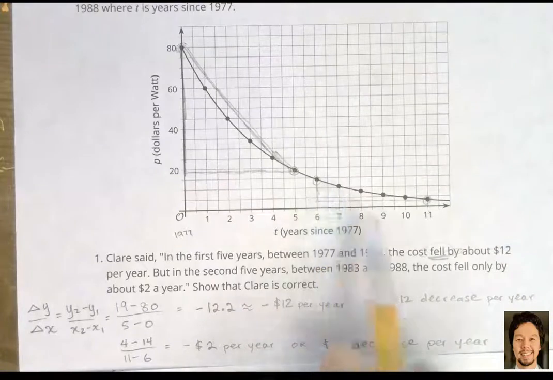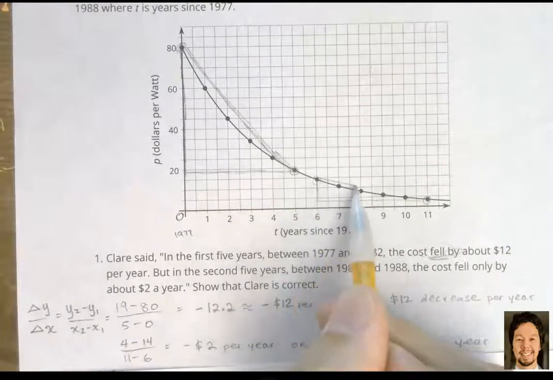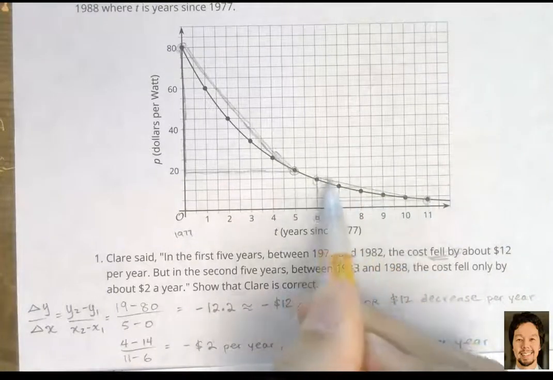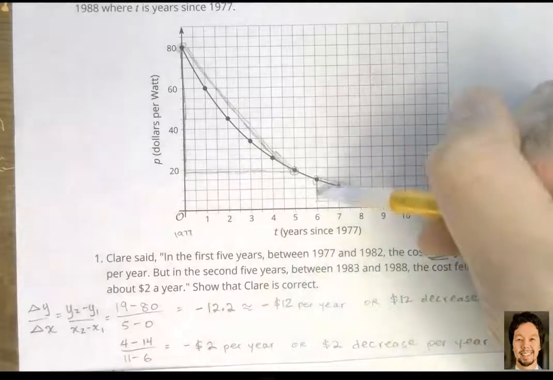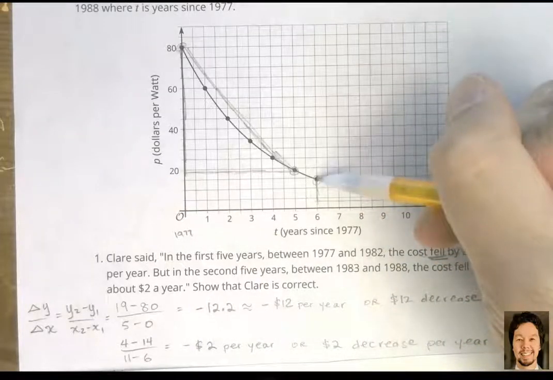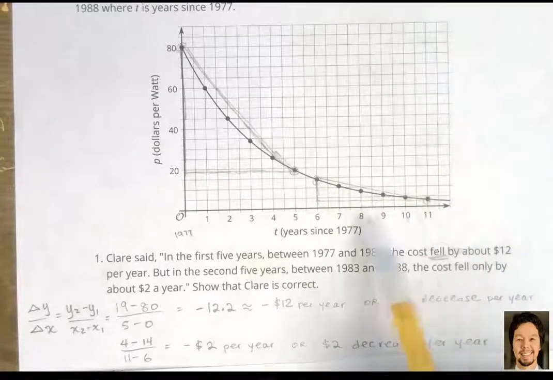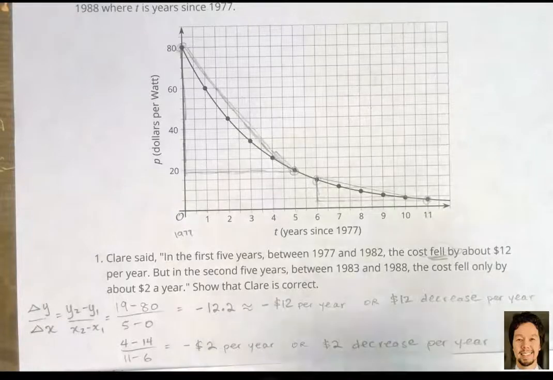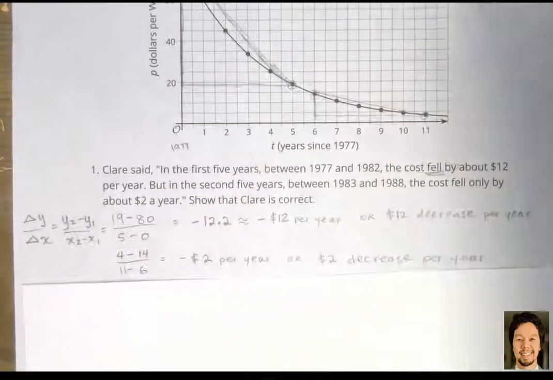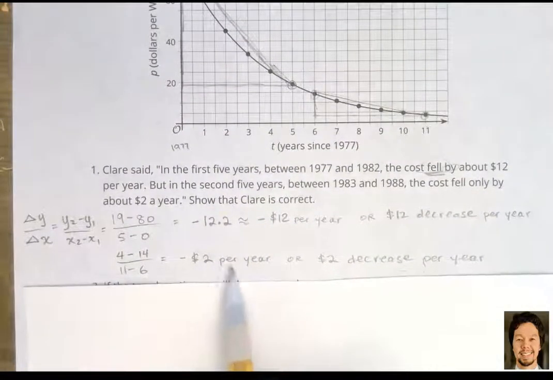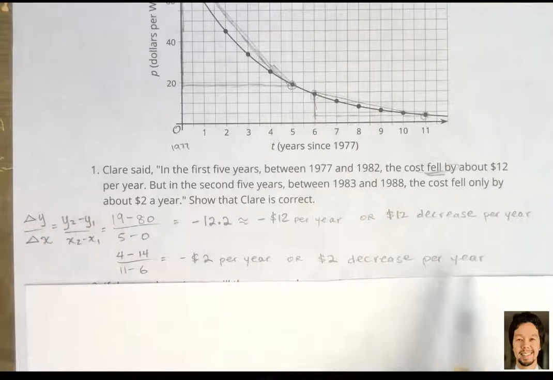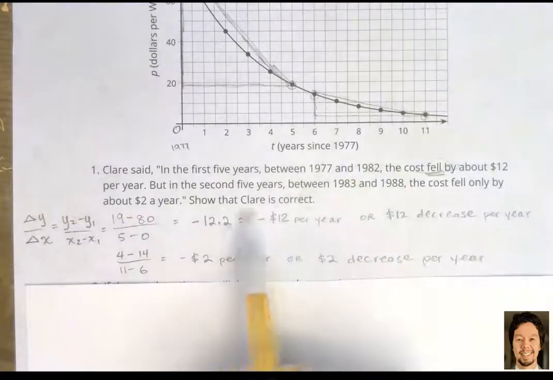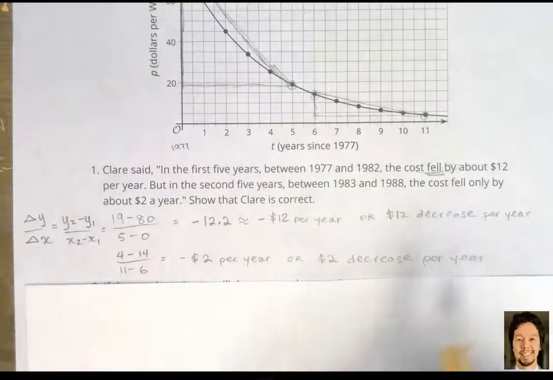So once again, we're coming up with that slope triangle. Here's your rise, or your delta y, which is going downhill, so it's negative. And then here's your change in x. So we have 4 minus 14 divided by 11 minus 6, which gives us our negative $2 per year, or $2 decrease per year. So Claire is absolutely correct.